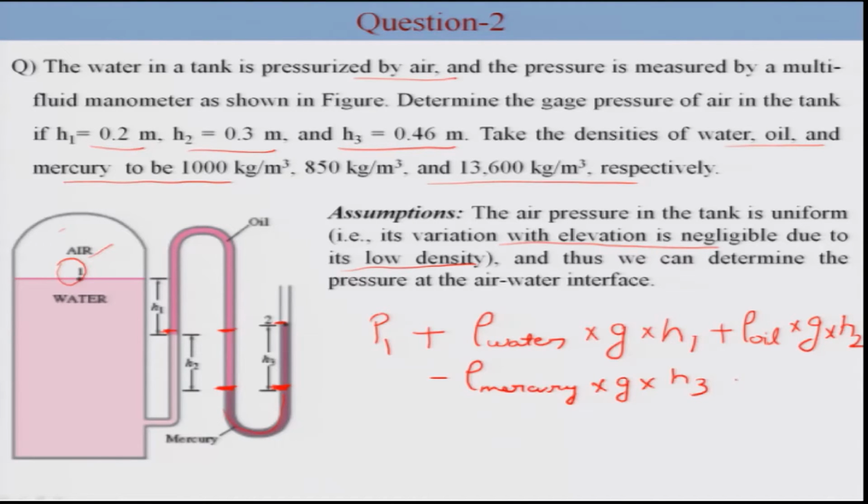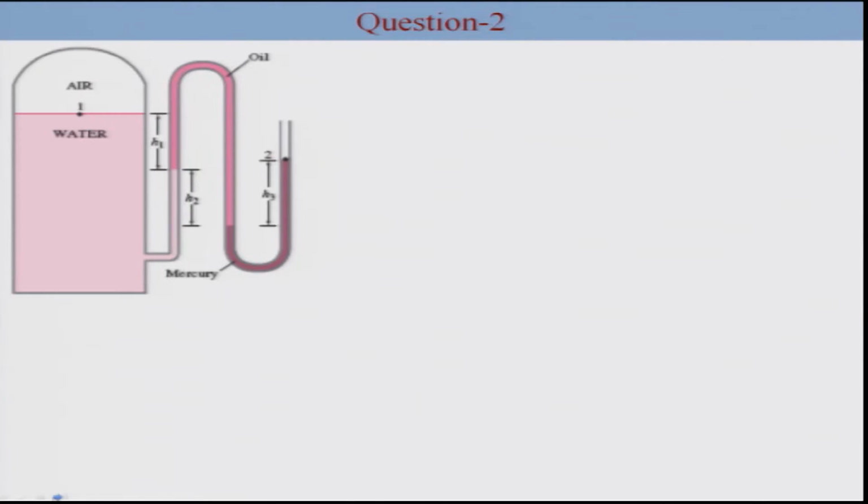So this is equal to P2, and this tube is open to atmosphere. So this P2 pressure is equal to atmospheric pressure. Now we have to tell what is the gauge pressure. Gauge pressure will be P1 minus P atmosphere.